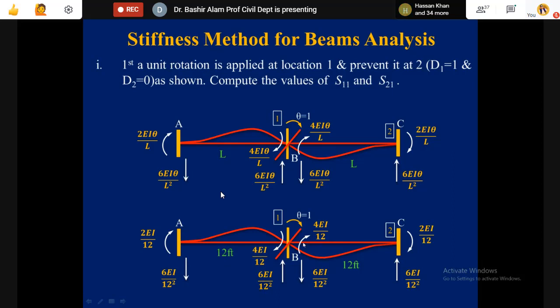For the right hand side, again, the moment generated is clockwise. So 4EI over L2, this L2 is this L, 2EI over L2, and this is the balancing couple. Now you should be very specific about finding out the direction of this couple and this couple. So 6EI over L2 square. Now you tell me what will be S11.